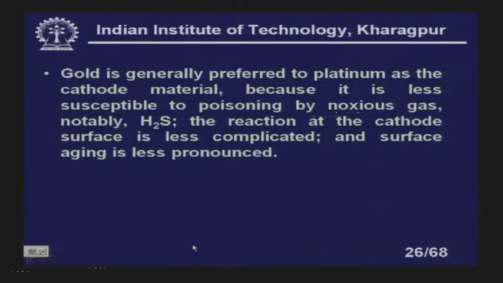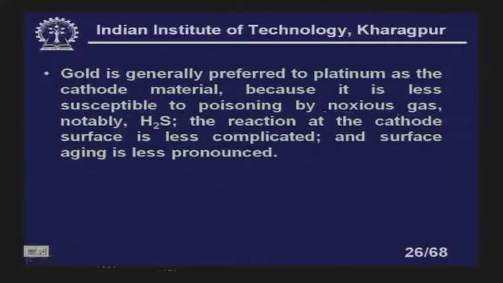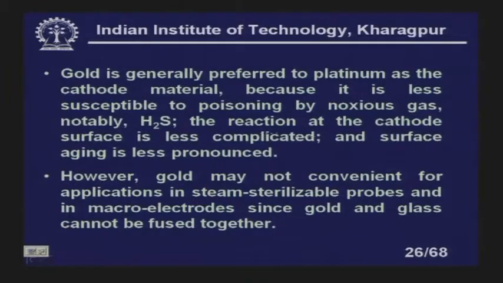Gold is generally preferred to platinum as the cathode material because it is less susceptible to poisoning by noxious gases, notably H2S, hydrogen sulfide, and the reaction at the cathode surface is less complicated and the surface aging is less pronounced. However, gold may not be convenient for steam sterilizable macro electrode probes, since gold and glass cannot be fused together.